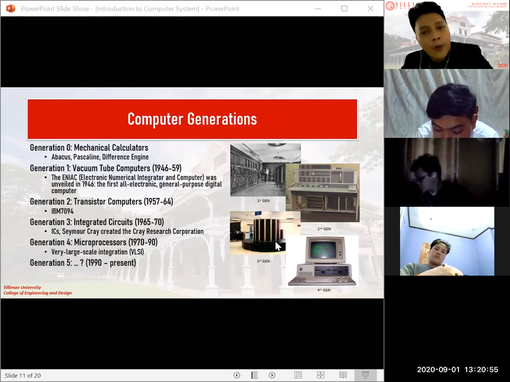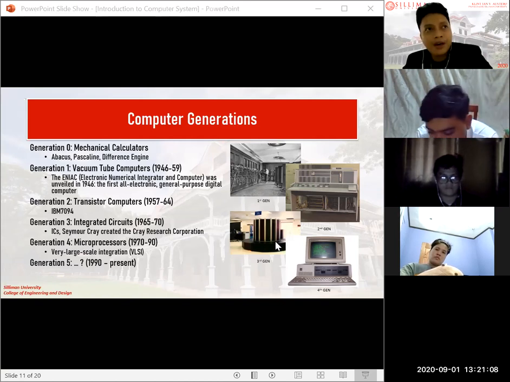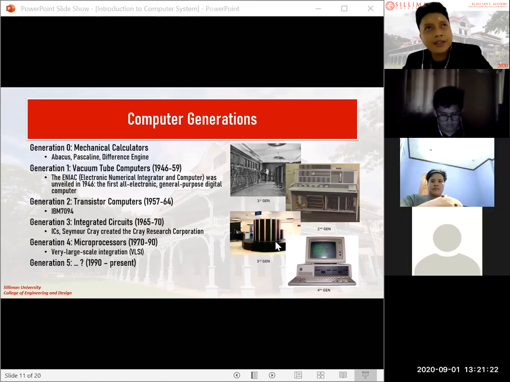So today, we are currently in generation 5, 1990 to the present, and we can see greatly the influence of what we call Moore's law, which signifies that computers will become smarter, smaller, faster, and so on. So that's the timeline of the history of computers.